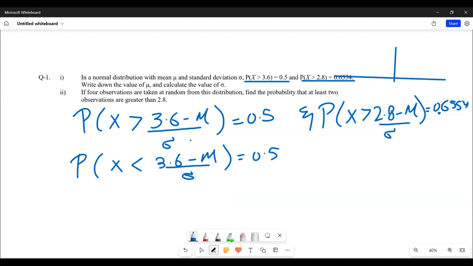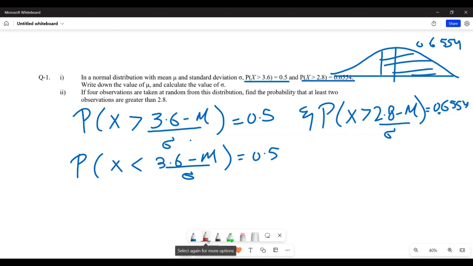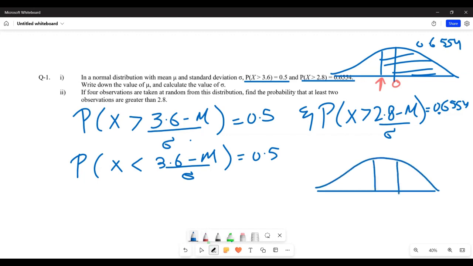Okay, next it says probability x is greater than this number is 0.6554. So this would be somewhere over here. That means this is a negative value, because we have 0 here and towards the left of it there has to be a negative value. So what we'll do instead is project it towards the right hand side and say that this probability is equal to 0.6554.